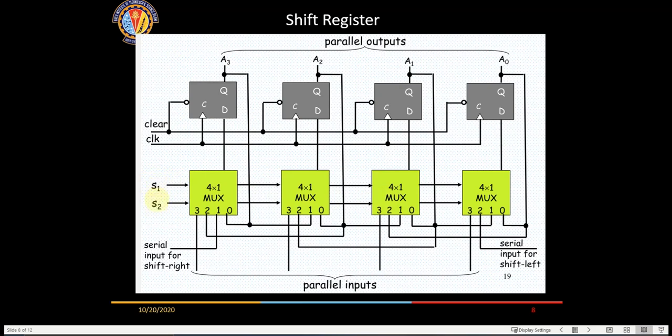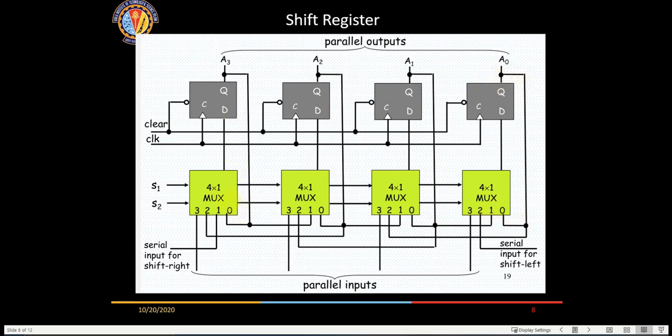If I give 0 0 to all these 4 muxes, the control signals are 0 0. So what would happen? 0 means all these 0 lines will be activated, right? So what is the input to this mux? Here it is coming from A3, here from A2, here A1, and here A0, right?